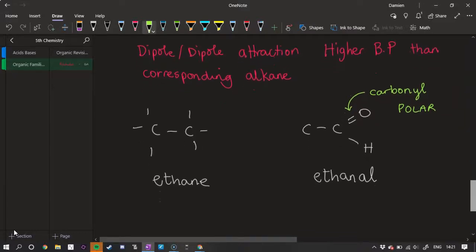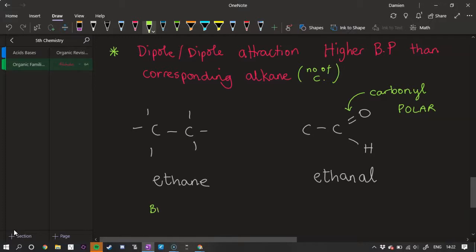So if we have a look at two compounds here, and this is the way it's often worded in leaving cert, the dipole-dipole attraction creates a higher boiling point than the corresponding alkane. Corresponding alkane means an alkane with the same number of carbons. And if we look at the two compounds here, we've got ethane, which is an alkane with 2 carbons. We've got ethanal, which is an aldehyde with 2 carbons.